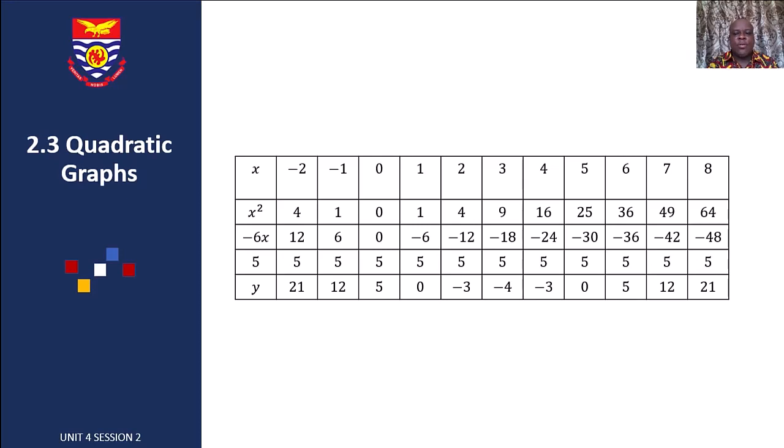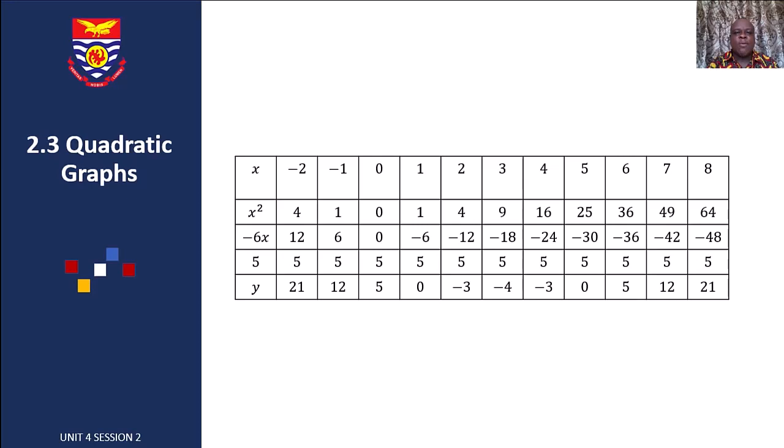So we start by putting in the first x value into x squared. So -2 squared will give 4. Then we move to the next x value, which is -1. -1 squared is 1. Then we put in 0. So 0 squared is 0. We substitute 1 into it. 1 squared is 1.